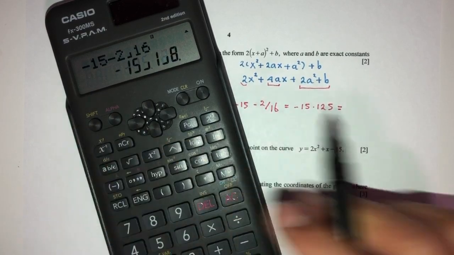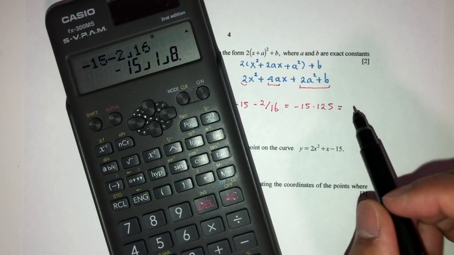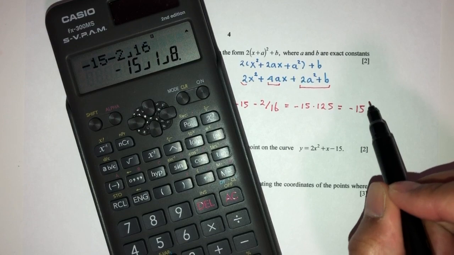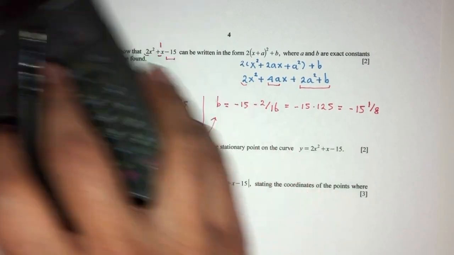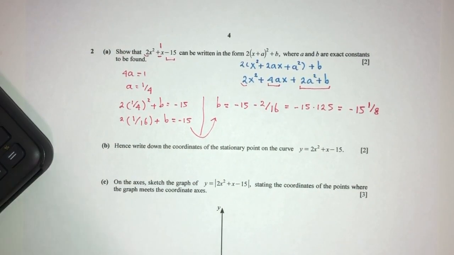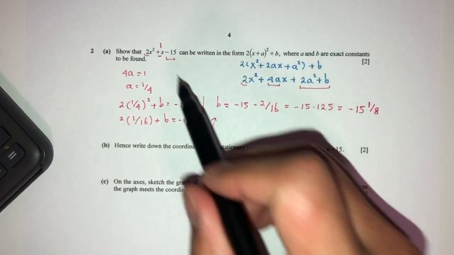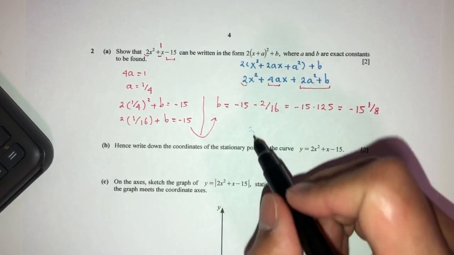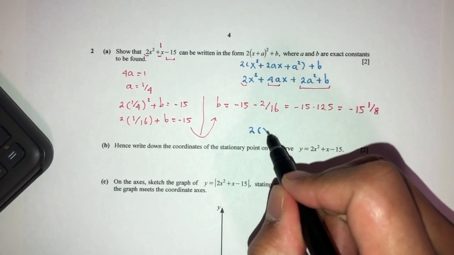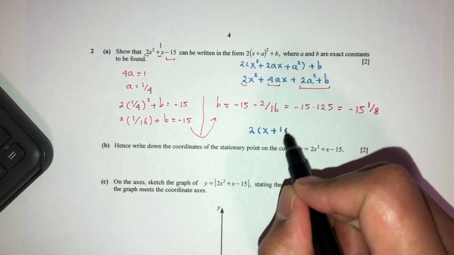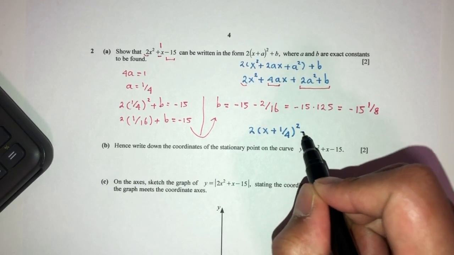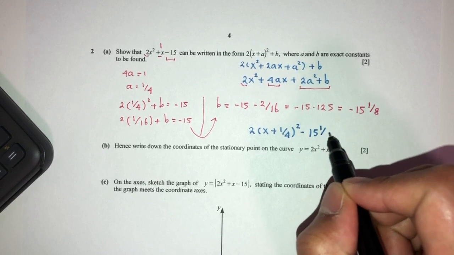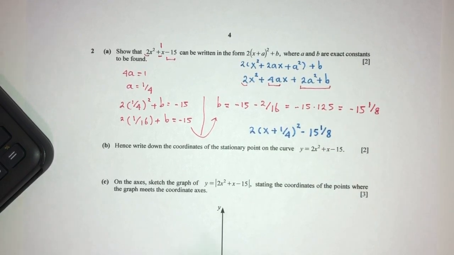Or you can write it in terms of a fraction as well: minus 15 1 over 8. Hence, we have to express this in this. You write this becomes 2 times x plus 1 over 4, squared, minus 15 1 over 8. This will be your answer for part 1.